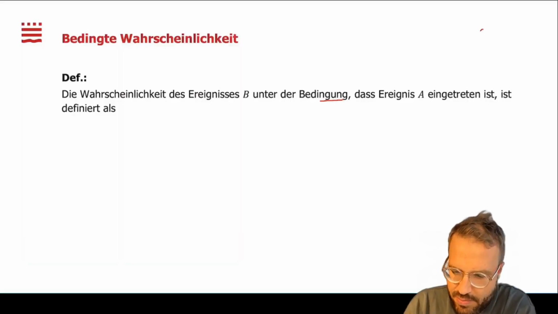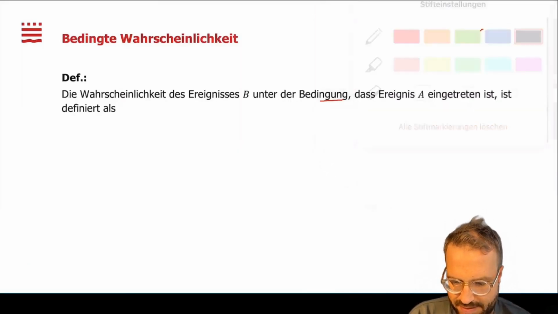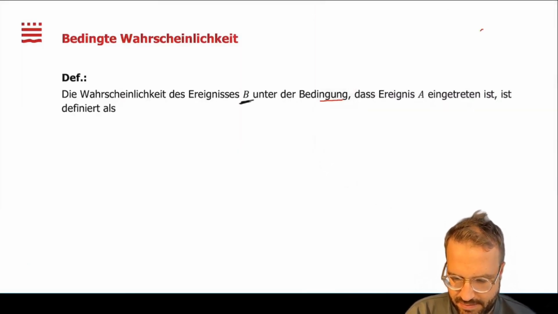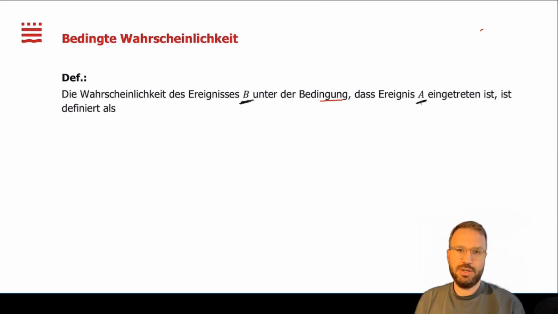That means we are dealing with two events, namely event B, for which we want to determine the probability, and condition A, which is to be our condition.